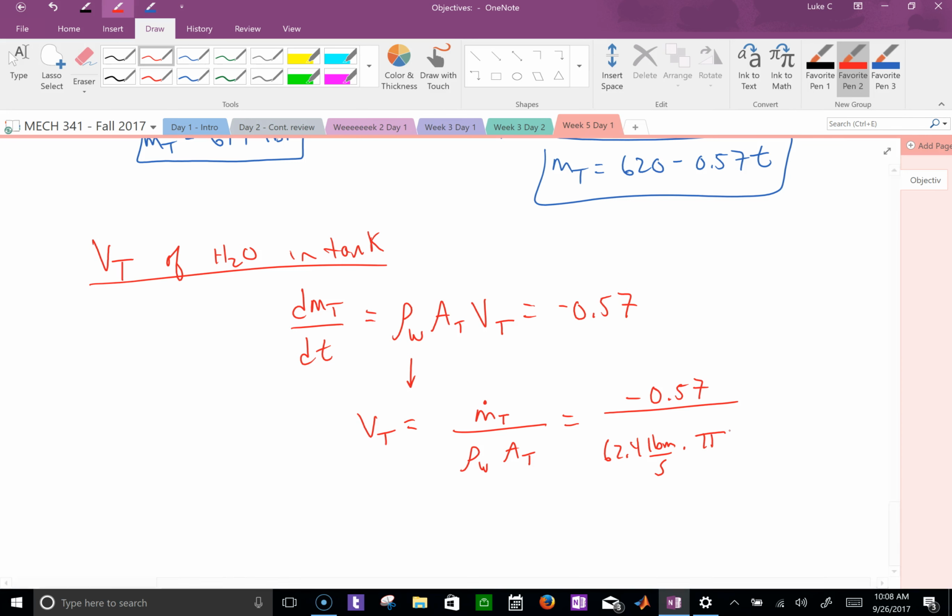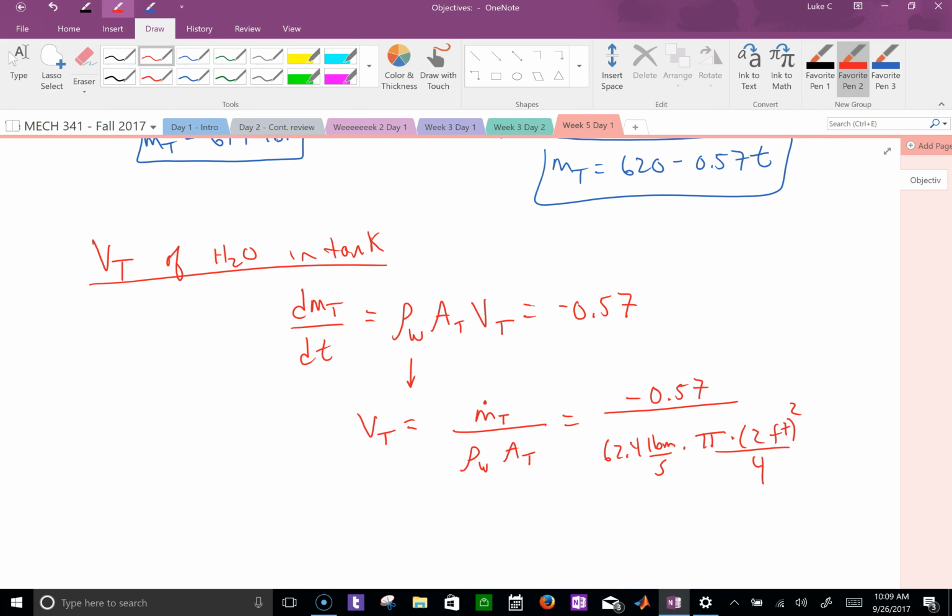The diameter is 2 feet, so what's the radius? 1 foot. So pi r squared. So you end up getting, I'll do it out here, 2 feet squared over 4, which is really what? Pi. Anytime you have a diameter of 2 feet or 2 meters, it's going to be pi.